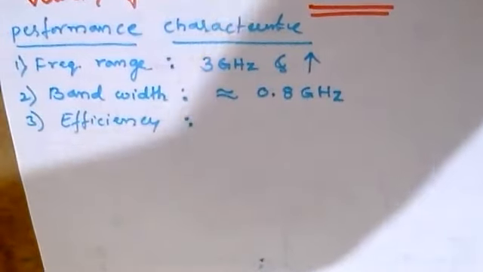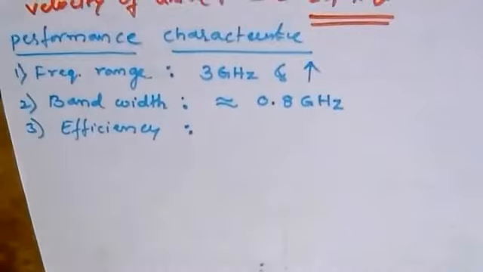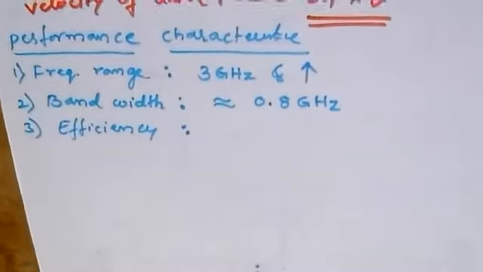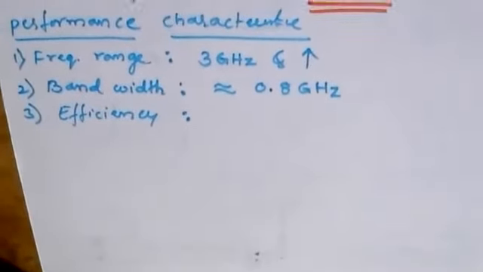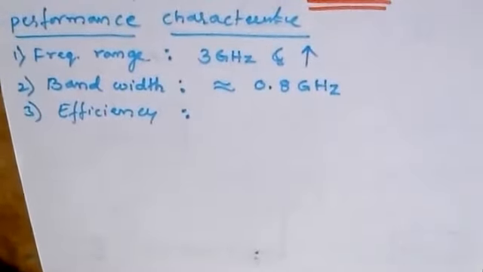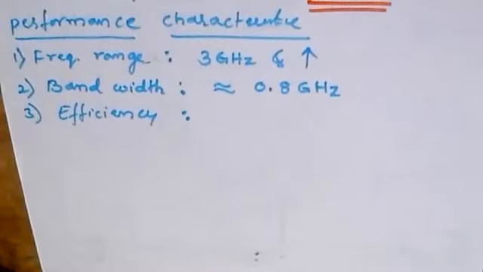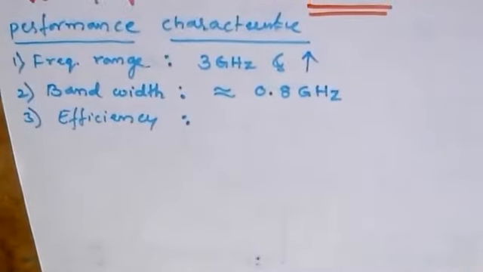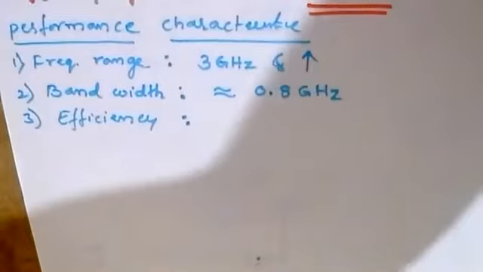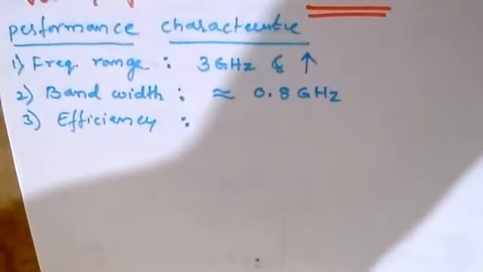I'm waiting for your answers, Andy, because you should know this. They will be asking for 2 marks or 3 marks: what are the performance characteristics of the two cavity klystron amplifier, what about the traveling wave tube, what are the applications and advantages? You should know all about a particular topic.